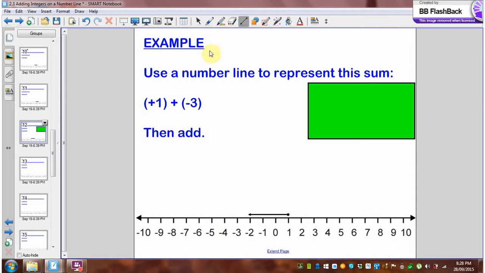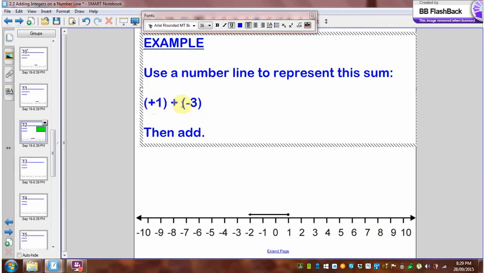Okay, so we started at plus 1, and we went down because we have a negative here, down 3 spaces. 1, 2, 3. So we ended up on negative 2. That means positive 1 plus negative 3 equals negative 2.